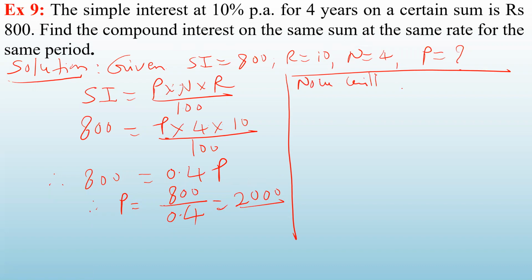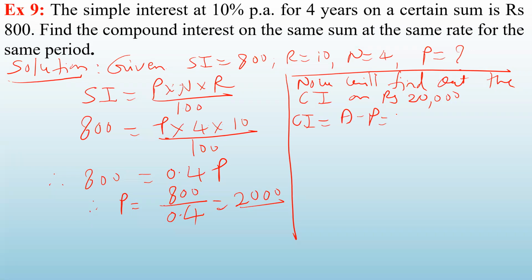Now we'll find out the compound interest on rupees 20,000, with the same rate and same period. So what is the compound interest? You know what is the formula for compound interest? It is amount minus principal, correct? So amount is P into 1 plus R upon 100 raised to power N, minus principal. So here we got the principal, 20,000 is our principal.